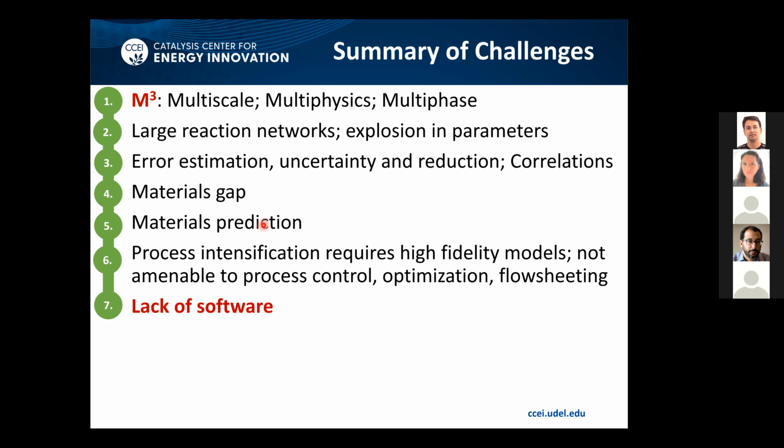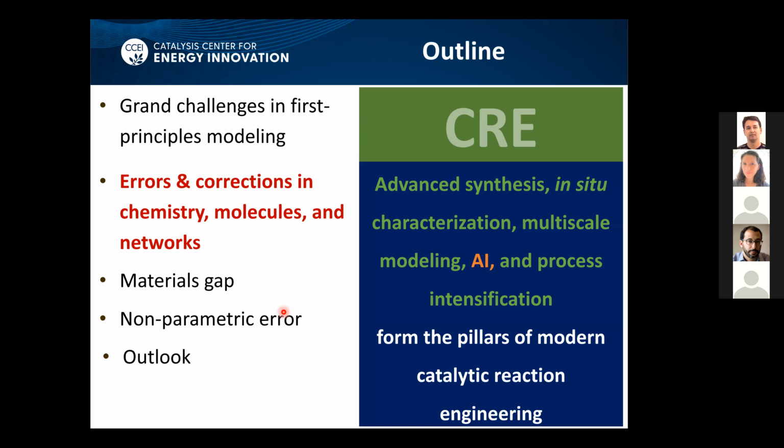Predicting new materials is not an easy thing because it's not just a composition. It interacts with the fluid flow and the transport and the local chemical potential. And I want to be able to use this eventually to design new processes, right? And I need to have software for all of these things. So these are a number of challenges we are facing in converting the model from interpretive into predictive ones.